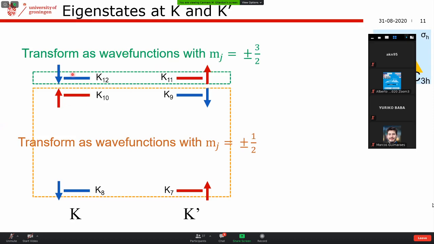I need to tell you that the ordering of these states, I think most of you know, depends on the particular transition metal dichalcogenide that you take into account. And the ordering that I have drawn up here actually corresponds to tungsten disulfide or tungsten diselenide. But although the ordering does depend on the particular TMD, the symmetries do not.